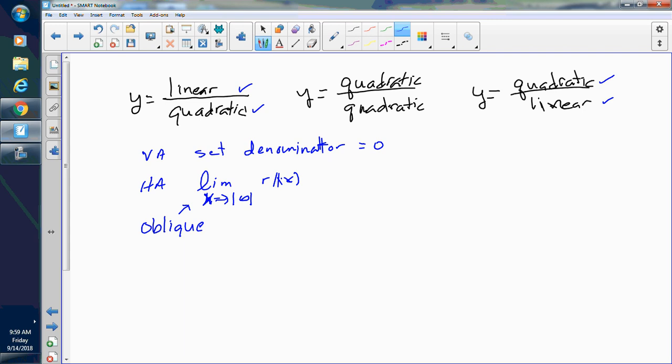Now on the first type, let's number the types 1, 2, and 3. On the first type, the limit as x approaches infinity, where the numerator has a lower degree than the denominator, is always going to be 0.